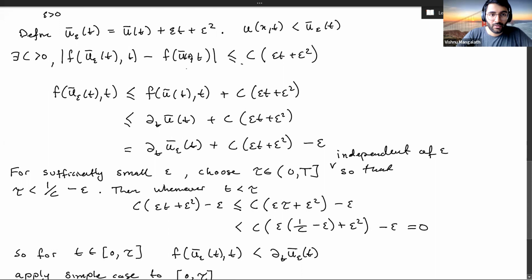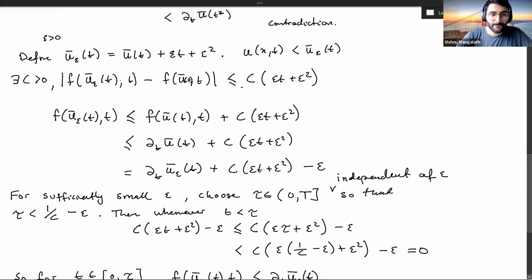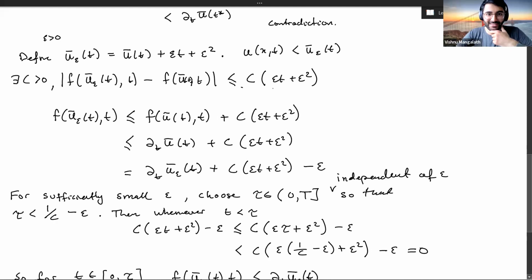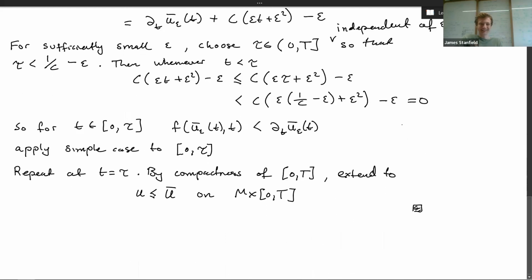So f of u epsilon minus f of u bar is less than the absolute value. Sure. Just plus or minus this one. Clearly this one is less than this one, so you can just take the plus one. Yeah, obviously. All right, cool. Thanks.